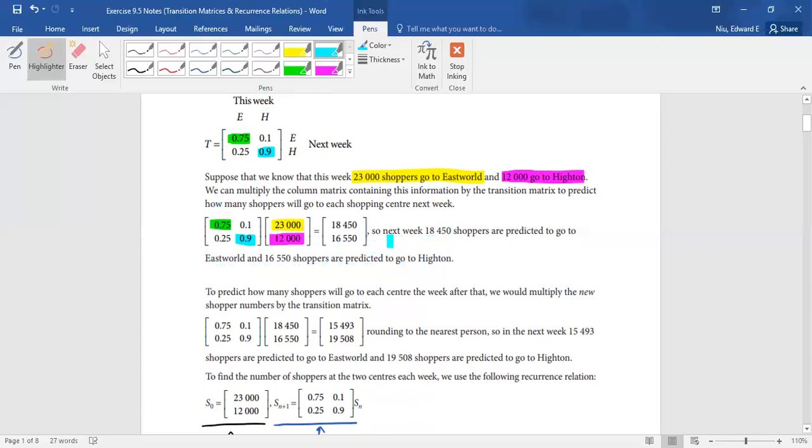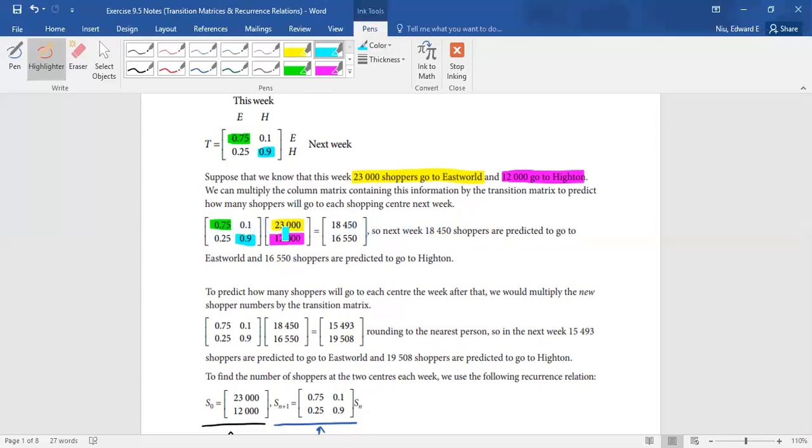So the next week we have 18,450 shoppers who are predicted to go to Eastworld, and 16,550 shoppers who are predicted to go to Highton. Okay, so this part correlates to the prediction: the answer of multiplying the transition matrix with the starting number of people. I'm hoping that's making sense.